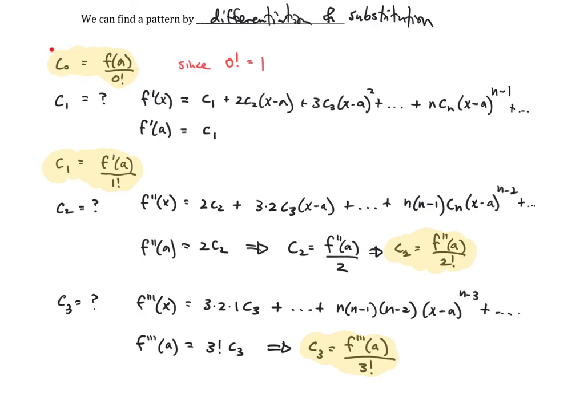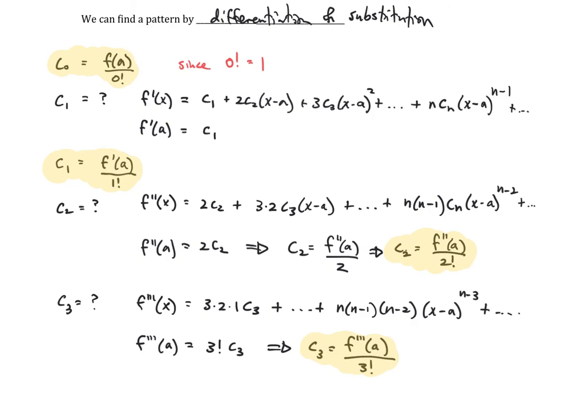So look at these coefficients. You can see that the index corresponds to which derivative we take, and it's also going to correspond to the number that we take the factorial of in the denominators, right?